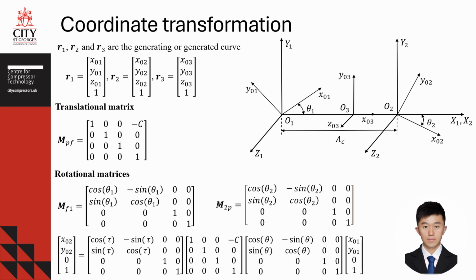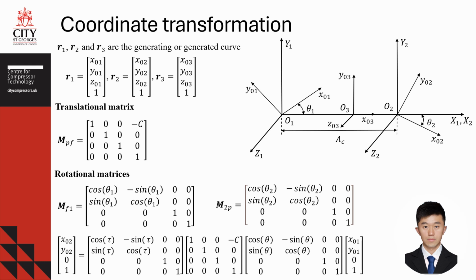So first, rotation. Transform R1 from the local coordinate system x01, y01 to the fixed system x1, o1, y1. Second is the translation. Shift the curve to the fixed system x2, o2, y2, accounting for the center distance between the two rotors. Third is the rotation.